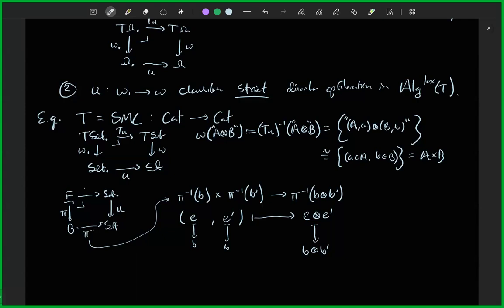As in, you know what I mean? Because there's no strictification theorem for symmetric monoidal. Can you not strictify symmetric monoidal to a strictly symmetric monoidal? Yeah. So not like you can strictify everything but the symmetry.